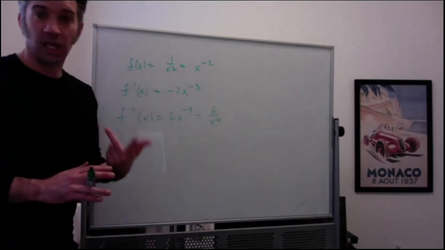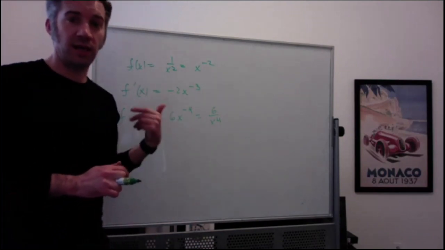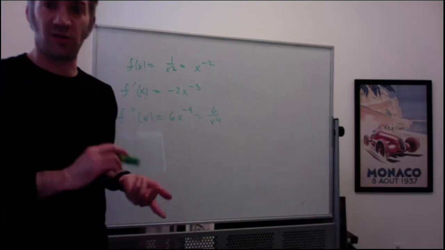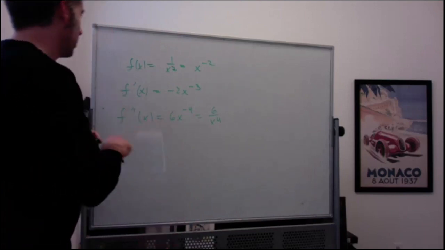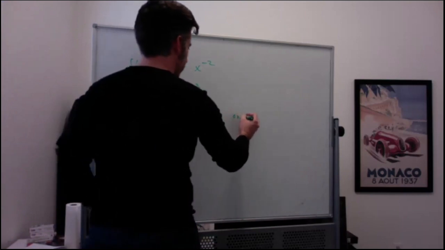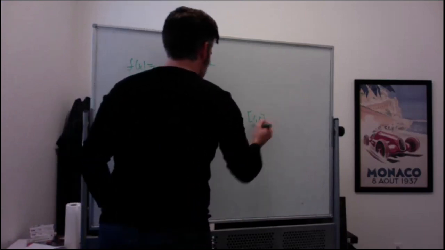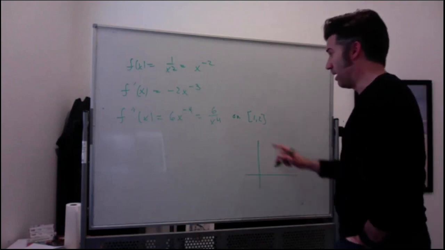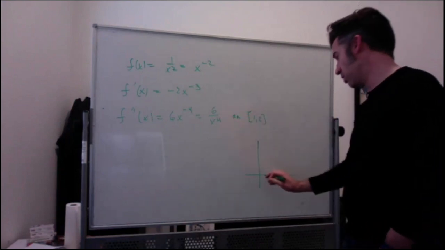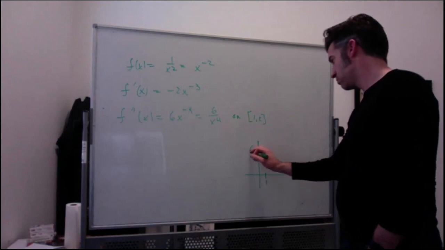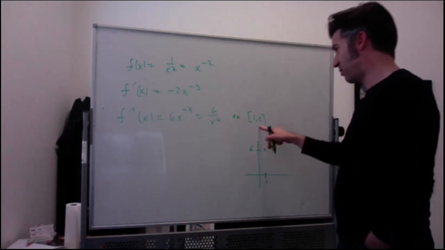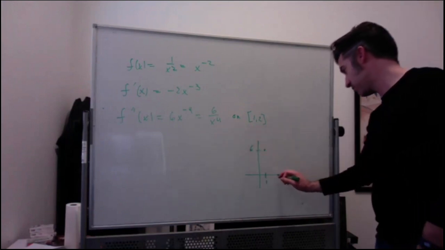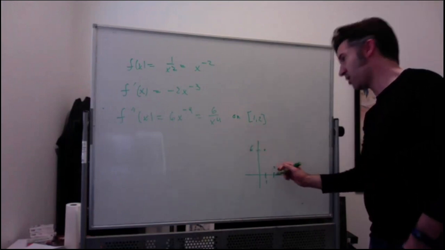And we're once again lucky in that the second derivative here is a function that, at least on the interval, is always either increasing or decreasing. If we're on the interval from 1 to 2, you can even graph this if you wanted. f double prime of 1 is 6 over 1. f double prime of 2 is 6 over 2 to the fourth, which is 6 over 16, which is 3/8.